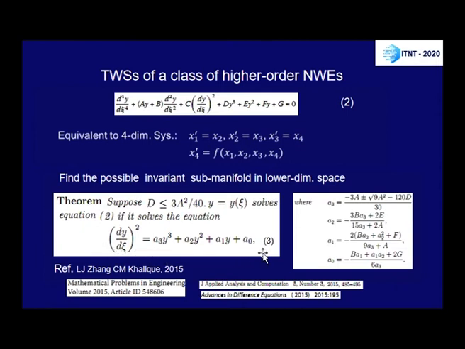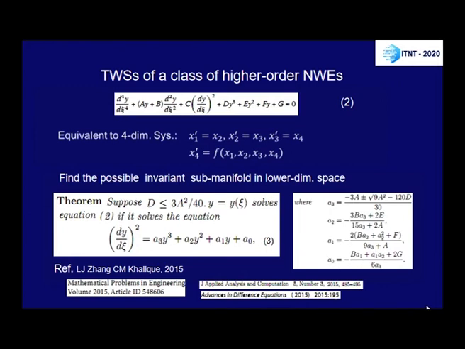And here we know the relationship between the coefficients A0, A1, A2, A3 and the A, B, C, D, E, F, G here. The relationship is like this.